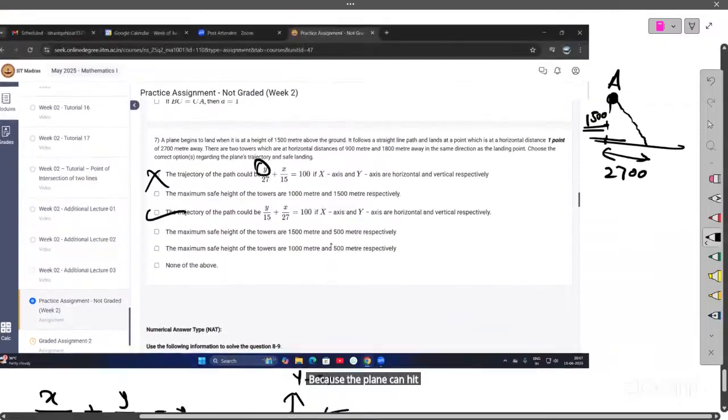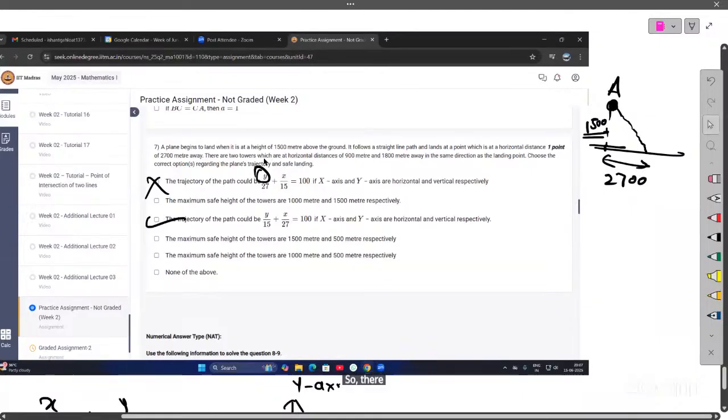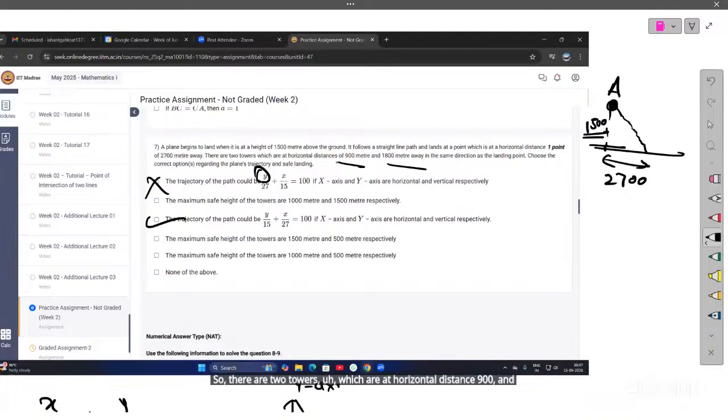There are two towers at horizontal distances 900 and 1800 meters away in the same direction as the landing point. If you put the value of x to be 900, what value of y will we get? If you substitute x equals 900, we have the equation y by 15 plus 900 by 27 is equal to 100.